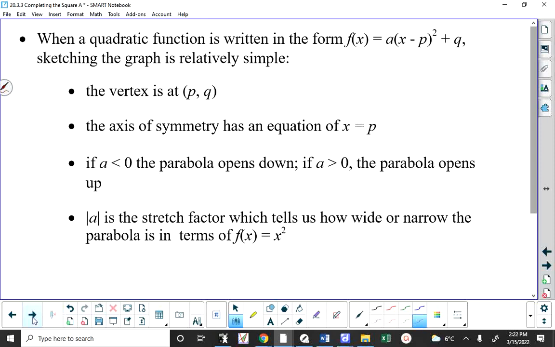So when a quadratic function is written in vertex form, I mentioned this many times, the vertex form is rich with information. It's just overflowing with information. You can tell what the vertex of the quadratic function is by looking at it. It's at (p, q). You can tell where the axis of symmetry is. You can tell if the parabola opens up or down based on whether a is positive or negative.